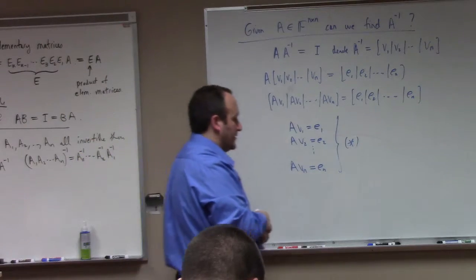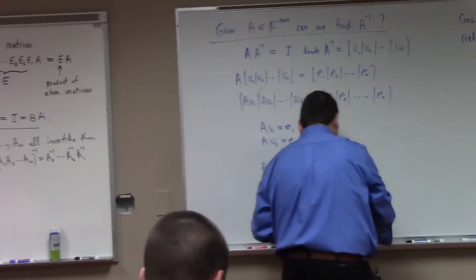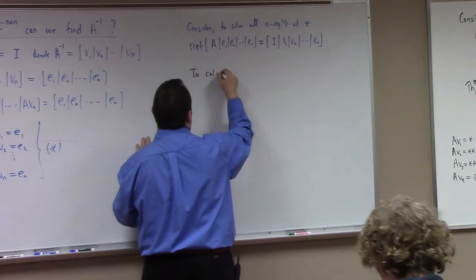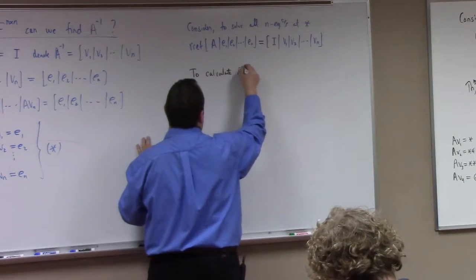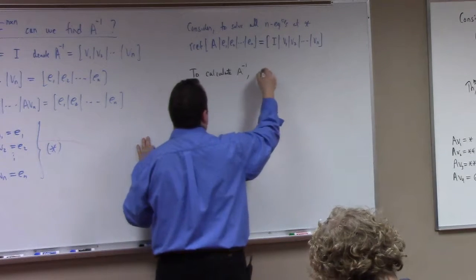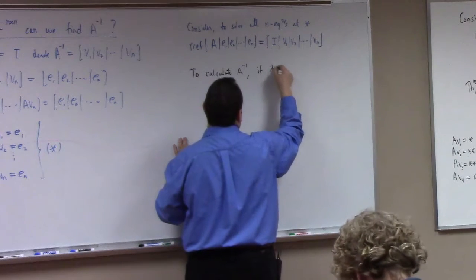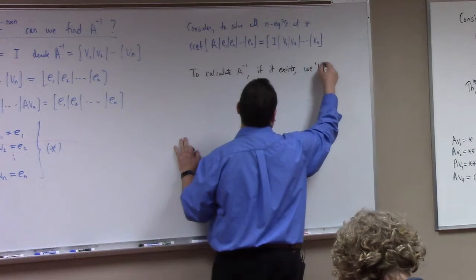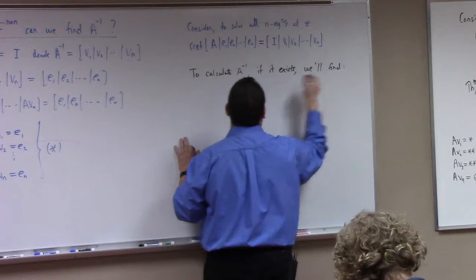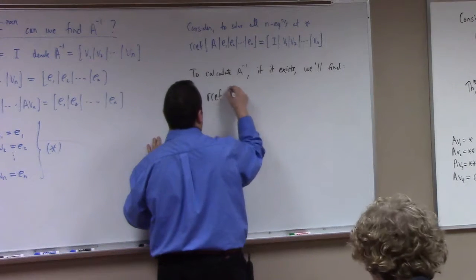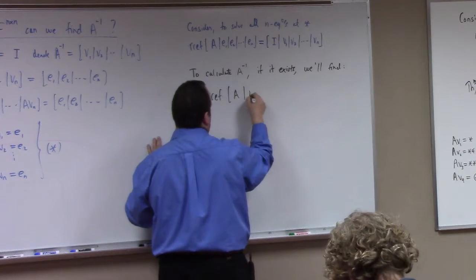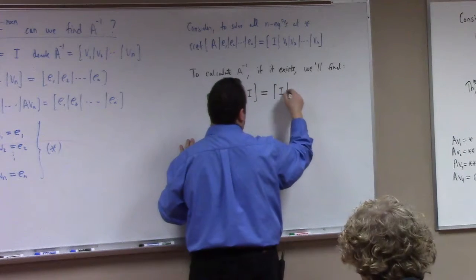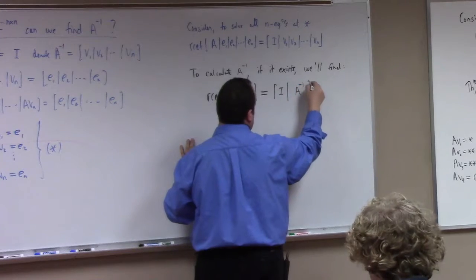In other words, to calculate A inverse, if it exists, we find the reduced row echelon form of A with the identity matrix concatenated on the end, which will be equal to the identity matrix, and whatever appears here is the inverse.